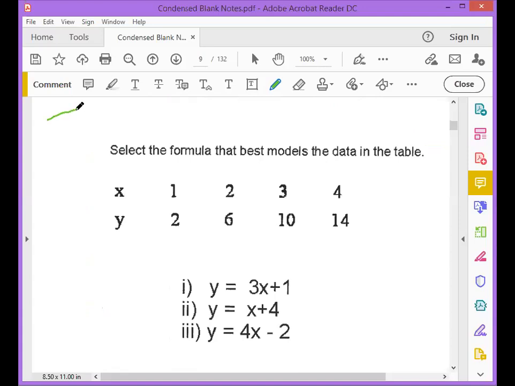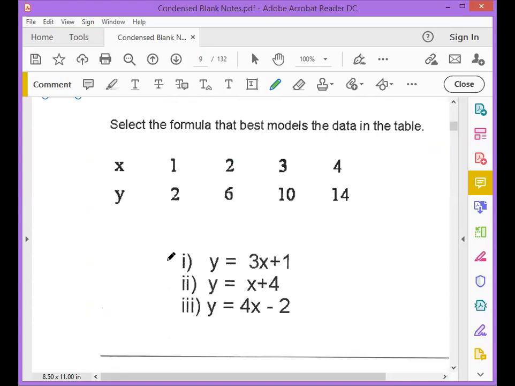Next, we want to select the formula that best models the data in the table. So we've got to choose either selection 1, 2, or 3 that models this data. What we are looking at is a table of x and y coordinates. What this first row tells us is our x coordinates are 1, 2, 3, and 4.